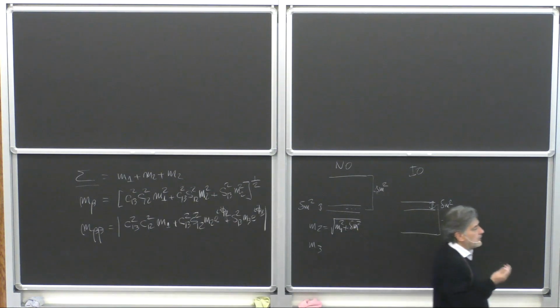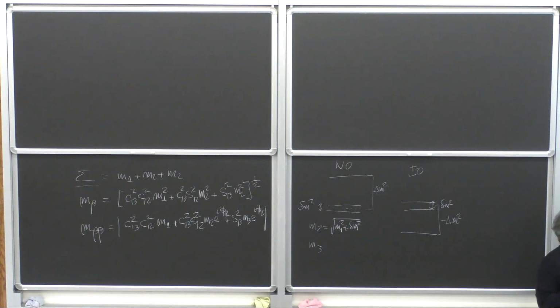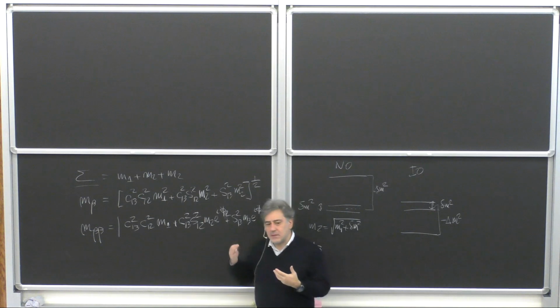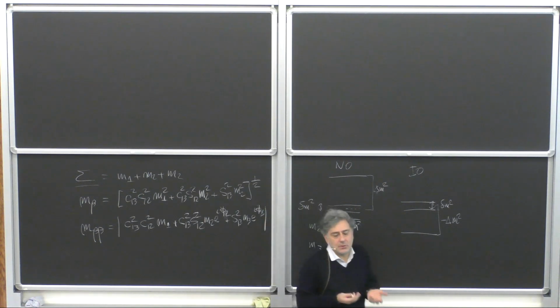In the literature, you will find similar plots, but on the x-axis, often you will find M1. And these plots are maybe more easily interpreted, but actually M1 is not observable.